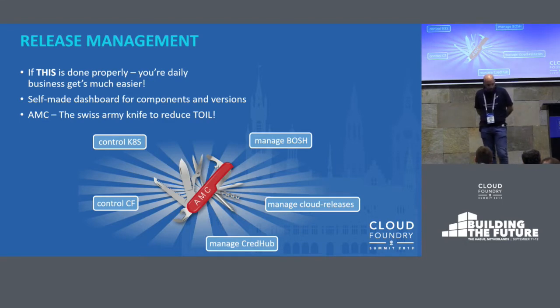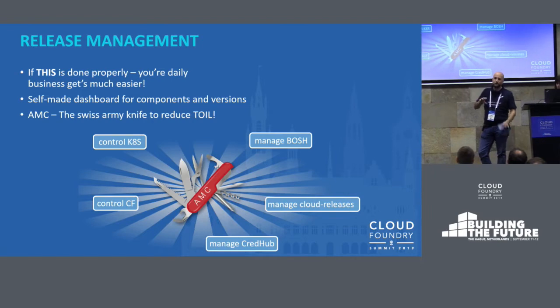We had some issues in the past, for example, when we used the CF deployment or the BOSH deployment directly from upstream, all these templates and ops files, and we were just using normal BOSH CLI commands directly. We started messing up things, or it had changed in the meantime on GitHub. So we decided we have to put this into this tool, because this tool has all the knowledge about the releases and their versions, and it knows exactly what needs to be deployed in which step and where.